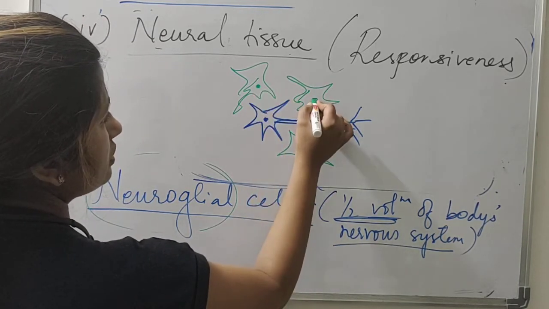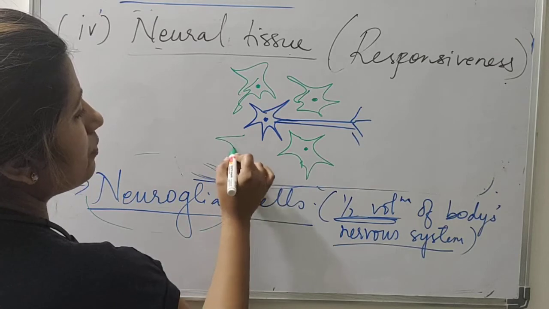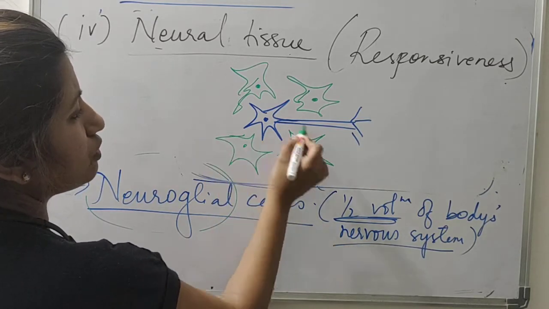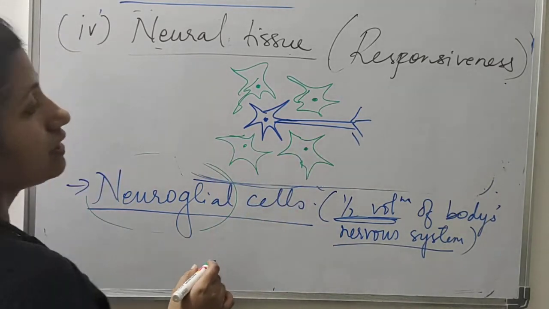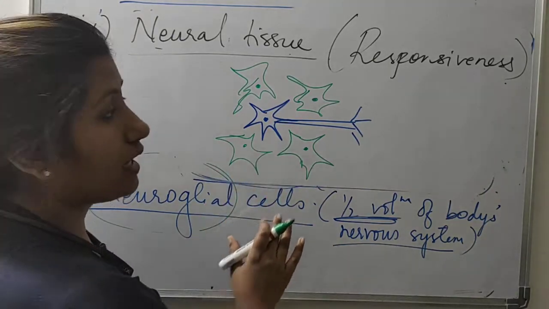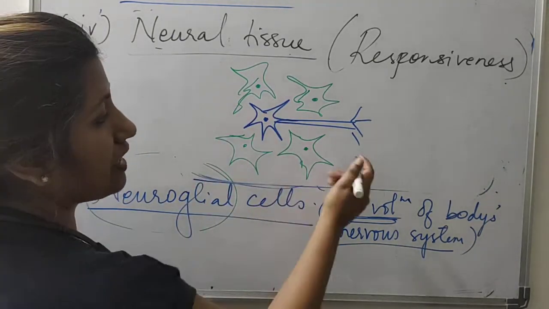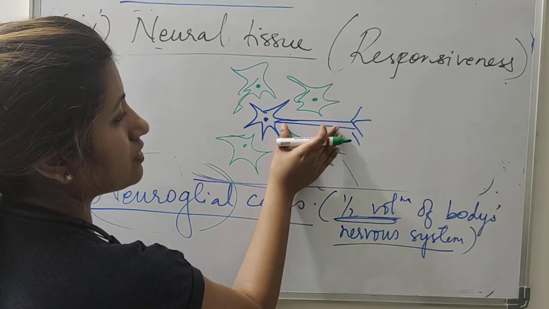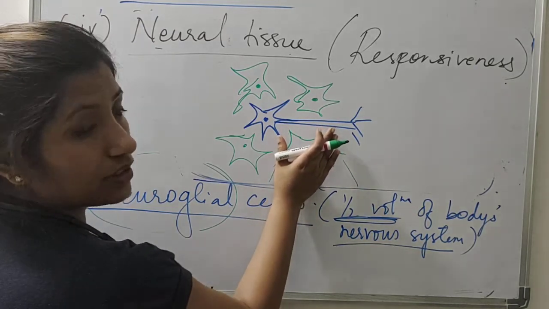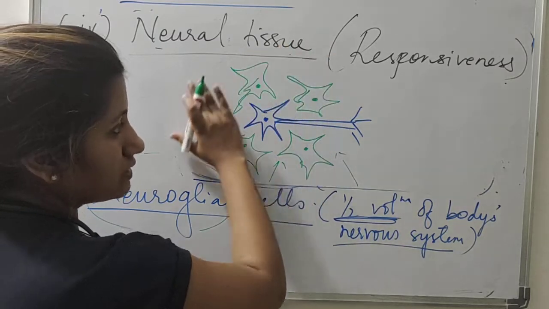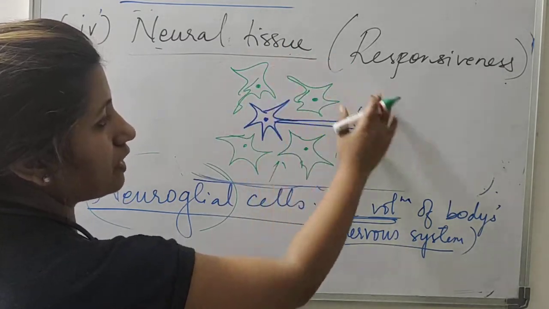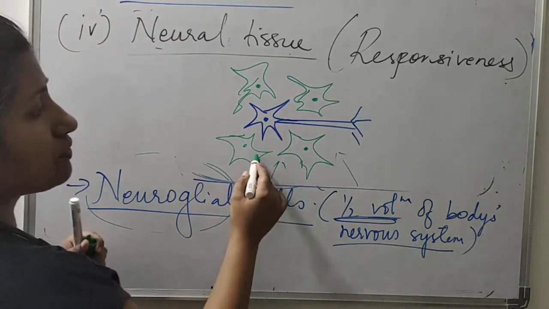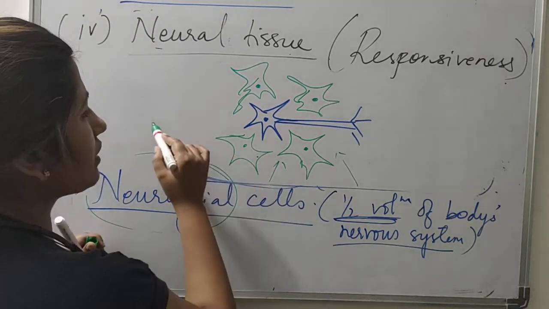These cells are present around the neurons just to support the neuron and protect the neuron from any kind of harmful injuries, so that it does not collapse. Like a ground substance, it supports the neuron from the surrounding. But they don't do the function that neurons do.